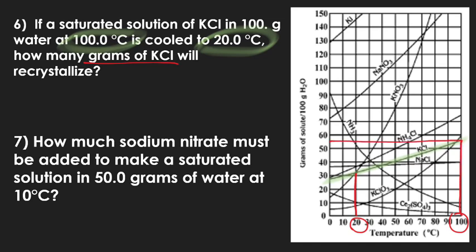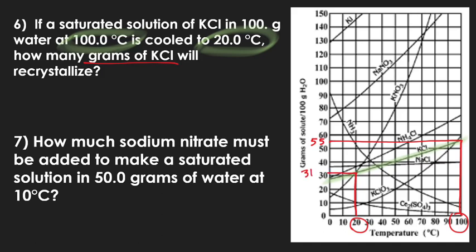What it's told us is that this is saturated and filled with solute at that 100 degrees Celsius. And that's where about 55 grams will dissolve. And then we cool it down. And evidently, some of this stuff is not going to stay dissolved at that lower temperature. We dissolved more at the higher temperature than will fit at that lower temperature.